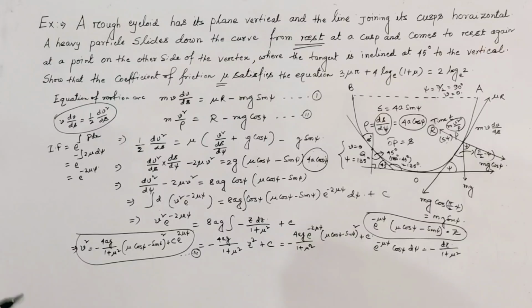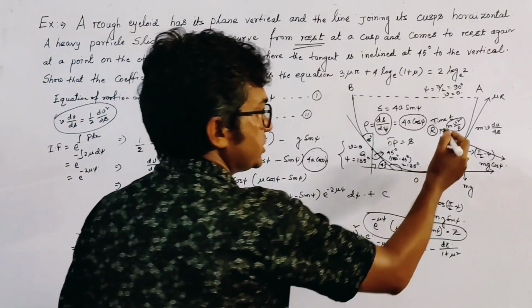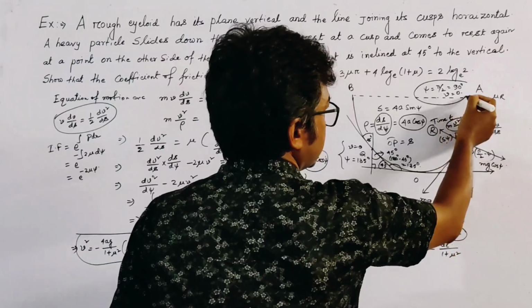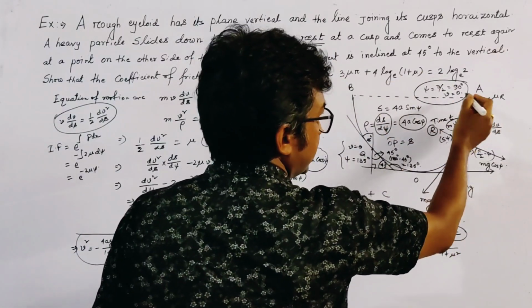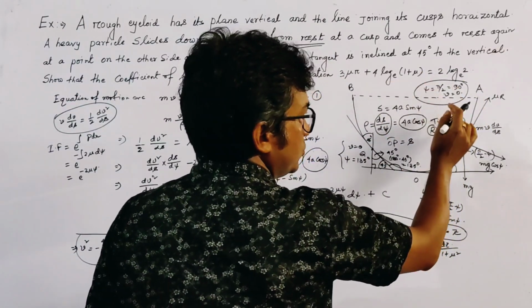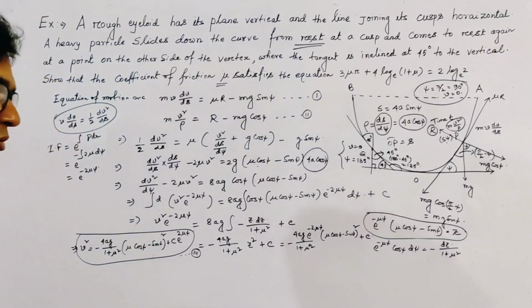Now we put two conditions given here. We first put the initial condition. Initially it is said that at psi equal to pi by 2, v equal to 0.